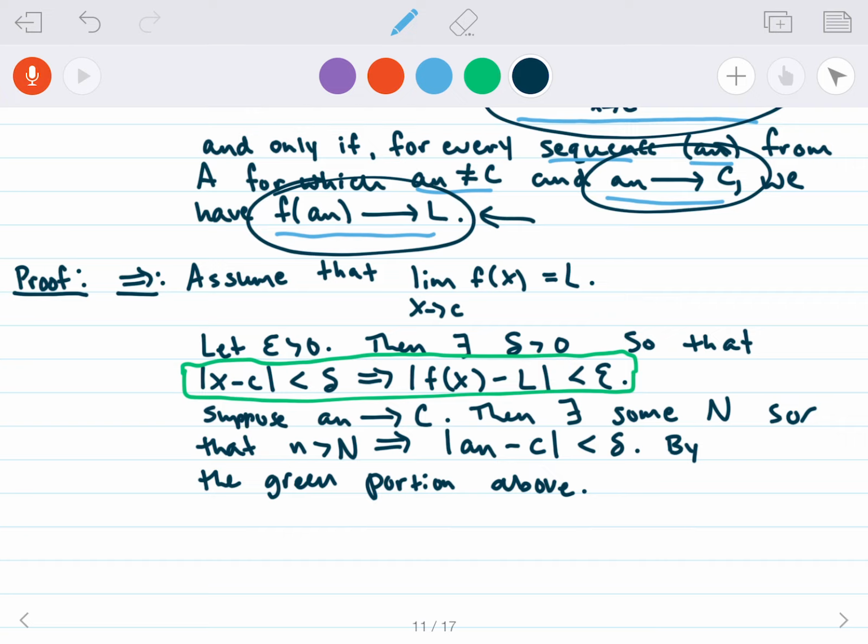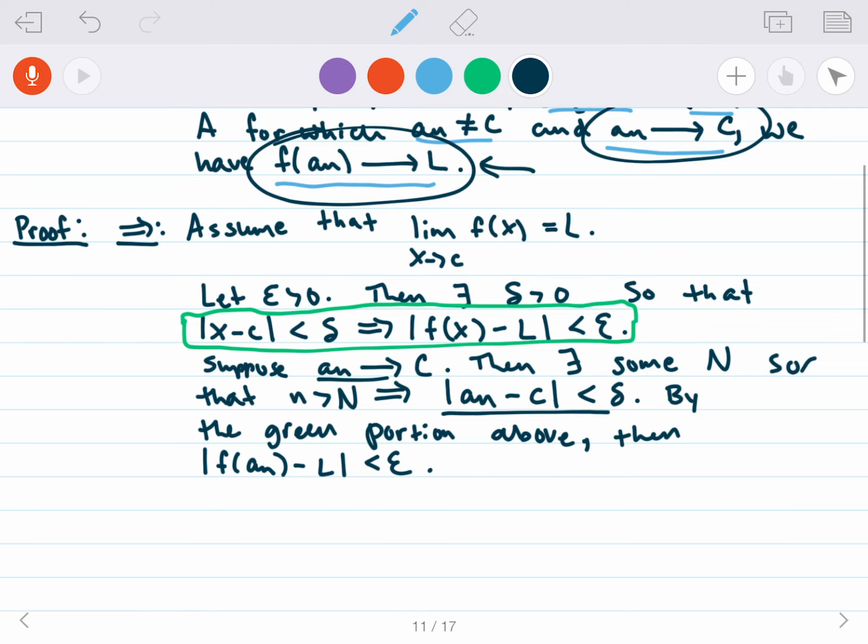Well, it says that a sub n minus c is in the delta neighborhood. So then this applies, right? This applies. Okay, we're just using the green portion that we know is true.